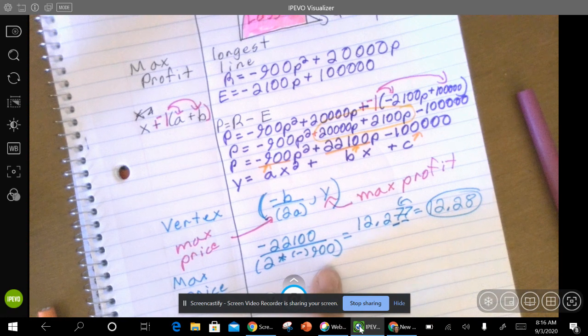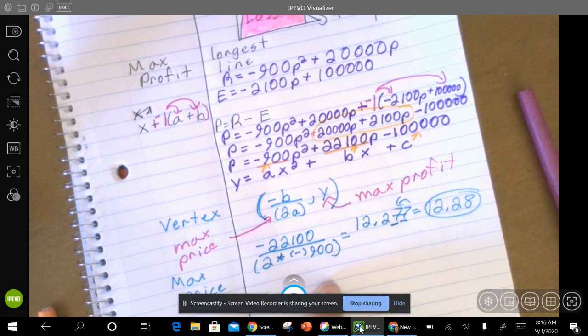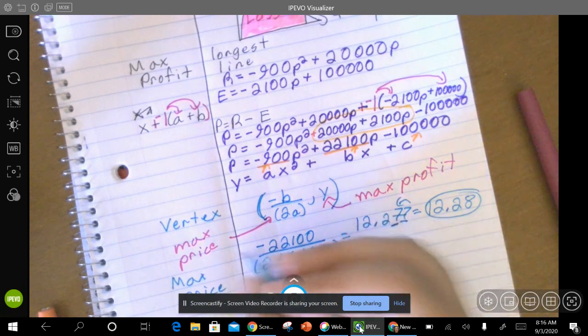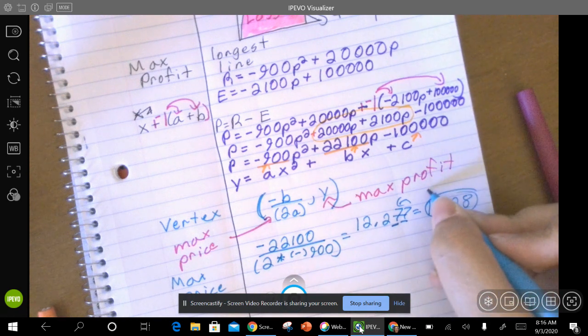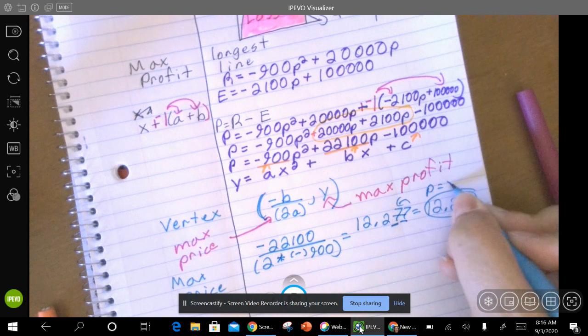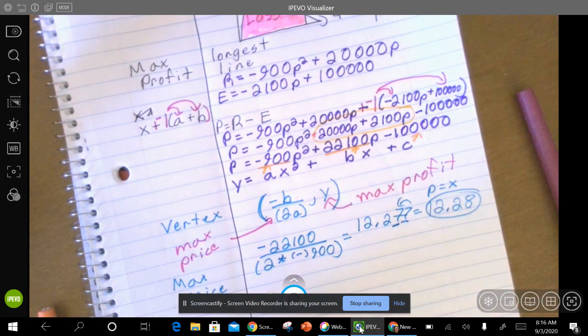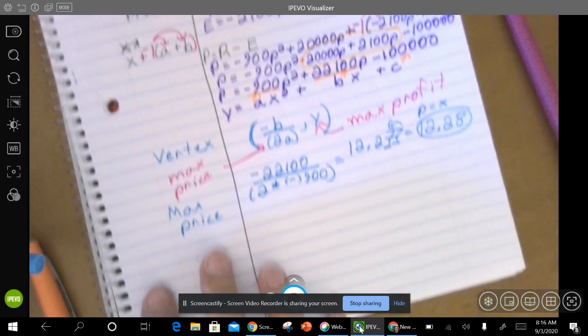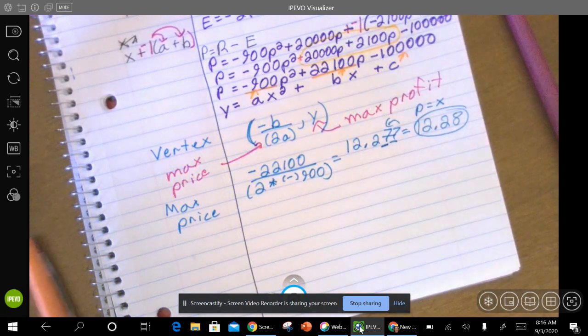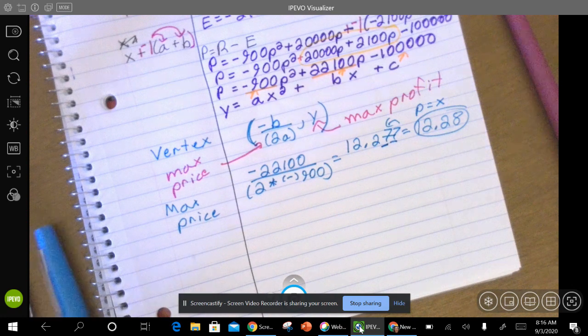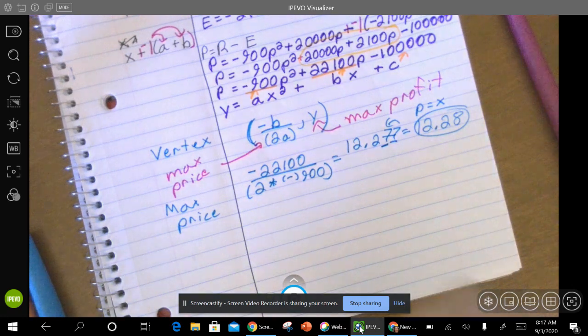Now what I'm going to do is substitute this in. Remember everybody, this is our price value. This is our maximum price, which is also x, everybody. So I'm going to substitute it back into our equation for P to solve for the maximum profit. Substitute all in.